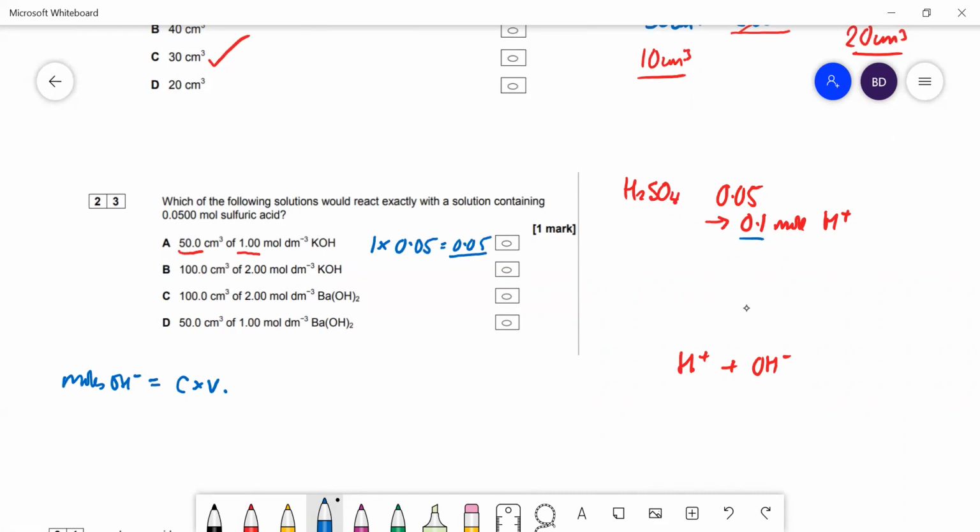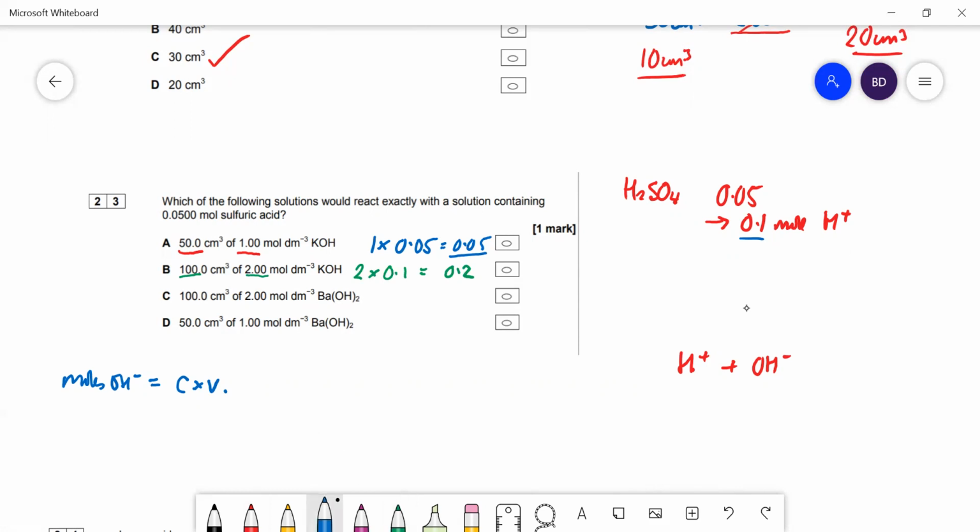Let's try B. Well, we've got a concentration of 2, times 0.1, so that's equal to 0.2. We've got too much OH-, so it's not that one.